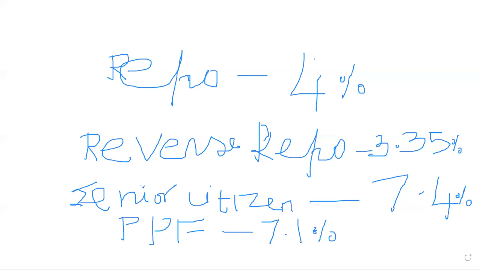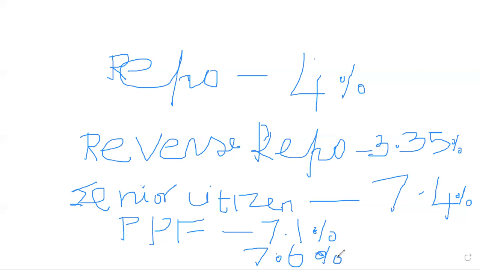Sukanya Sammriddhi Yojana. Correct. There is a deposit known as Sukanya Sammriddhi Yojana, and the rate of interest is the highest we now get from any banking system, now 7.6%.